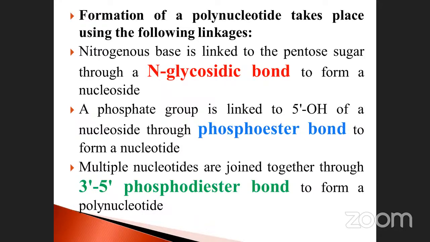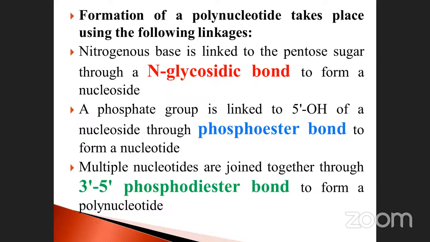The question may be asked: the N-glycosidic bond formation takes place between which components? Nitrogen base and phosphate, nitrogen base and pentose, or pentose and phosphate. They may ask a question like that. Don't forget, my dear students: in N-glycosidic, N denotes the nitrogen base and glycosidic means the sugar molecule.